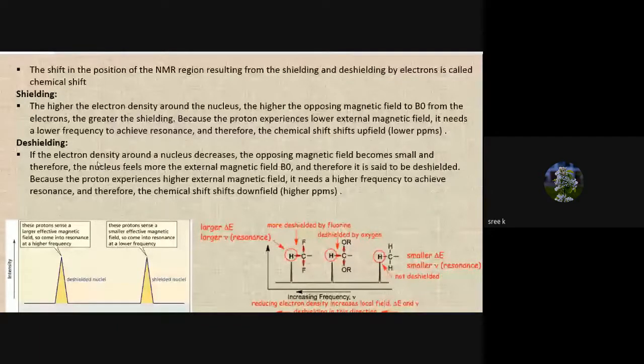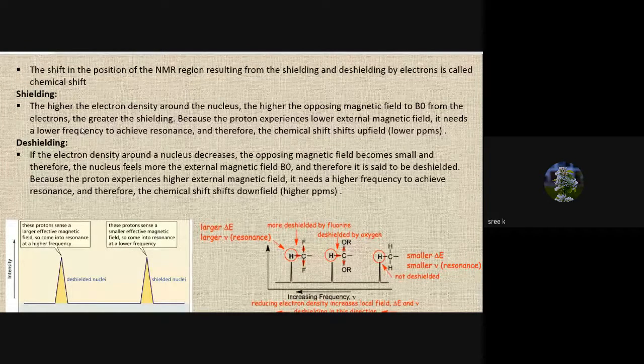Shielding is nothing but a higher electron density. The higher the electron density around the nucleus, the higher the opposing magnetic field to B0 from the electrons, and the greater the shielding.